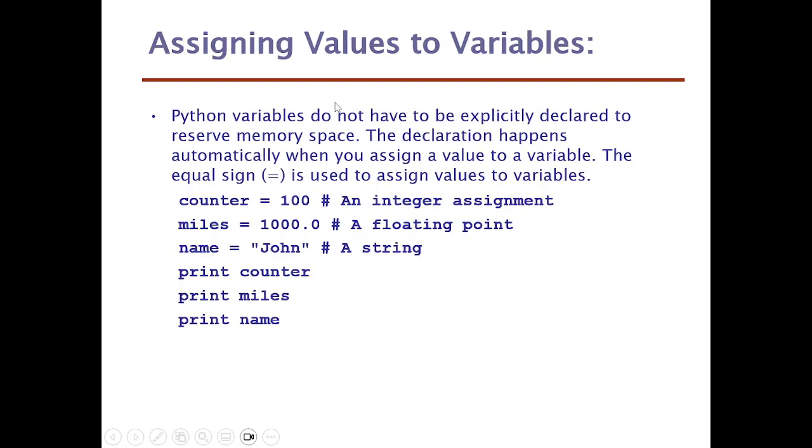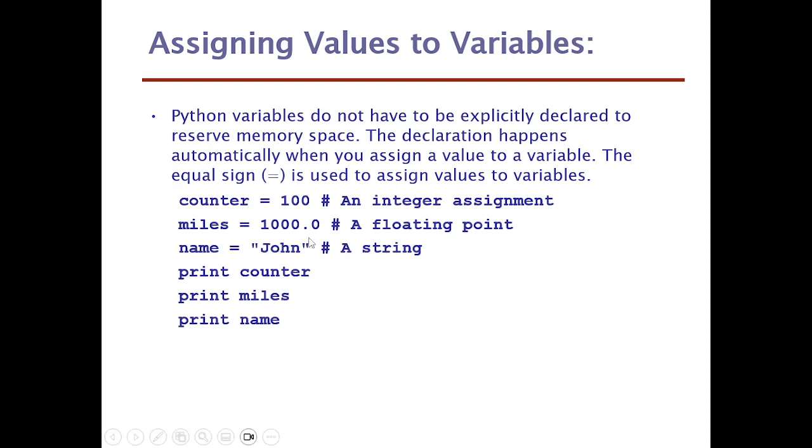So, assigning values to variables. Python variables do not have to be explicitly declared to reserve memory space. The declaration happens automatically when you assign a value to a variable. The equal sign is used to assign values to a variable. So for example, counter equals 100. 100 does not have a decimal, so it is automatically an integer assignment. Miles equals 1000.0.